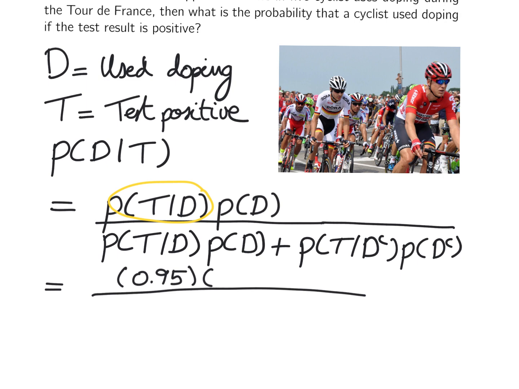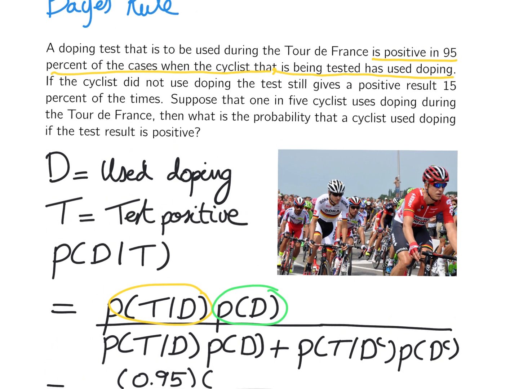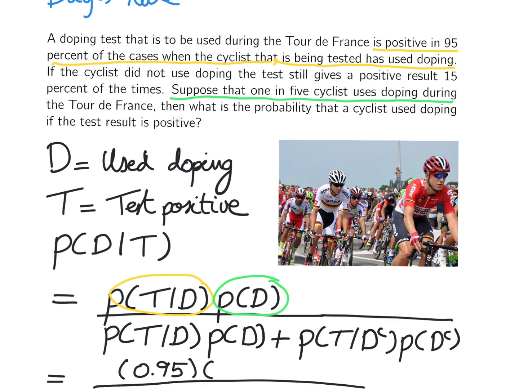Then the next value, the probability that a cyclist used doping, so P of D. Well, let's take another look at the original text. You see here that we supposed that 1 in 5 cyclists actually used doping. So a probability of 1 in 5 or 20%, let's say 0.2.